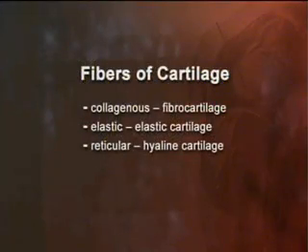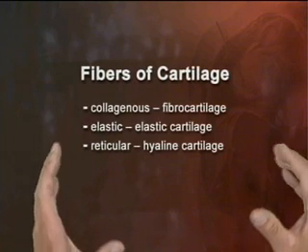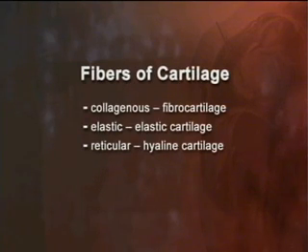The chondroblasts that produce primarily collagenous fibers, that kind of cartilage is going to be called fibrocartilage. Other chondroblasts produce primarily elastic fibers made out of elastin, and that kind of cartilage is going to be called elastic cartilage. And finally, the chondroblasts that produce what are called reticular fibers, they're almost the same as the reticular fibers that we talked about in connective tissue proper.